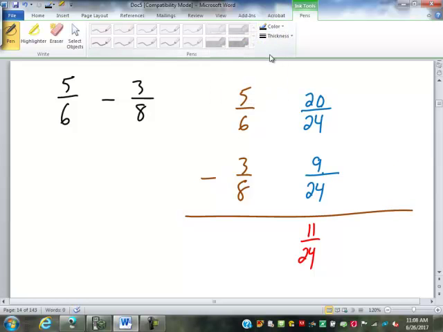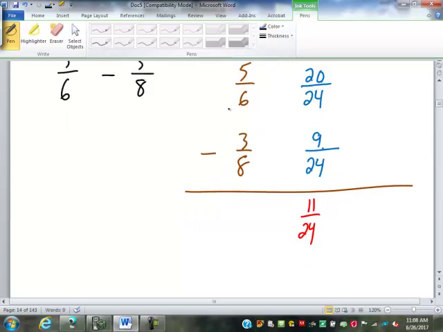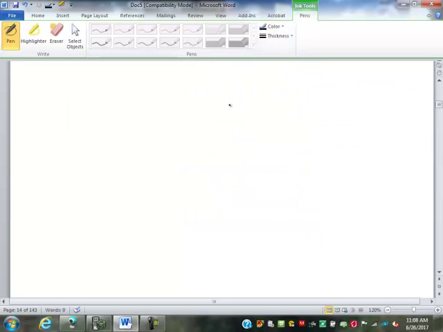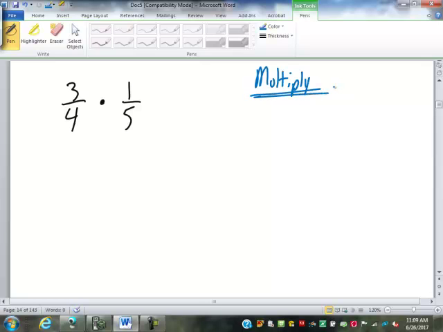Well, let's look at multiplying. Now, if you go back, again, when we talked about multiplying and adding on the first day, when you multiply, you do not need the same name.